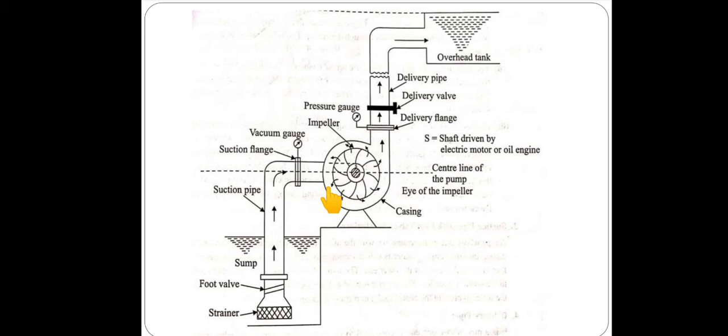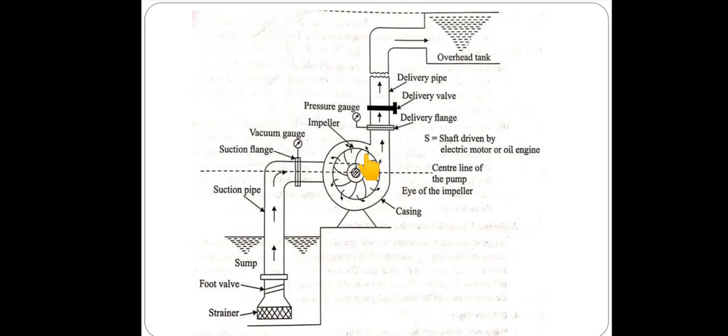So understand this: priming means the complete impeller should be filled with water. If there is no water, even if you switch on the motor, the pump will not lift water. First, to make it lift the water, you should fill this with water. Unless you fill it, water will not be lifted by the pump.